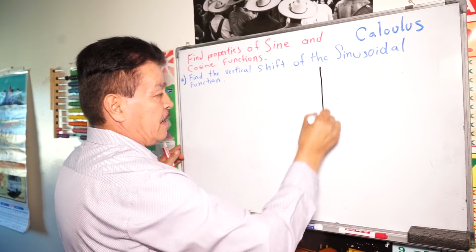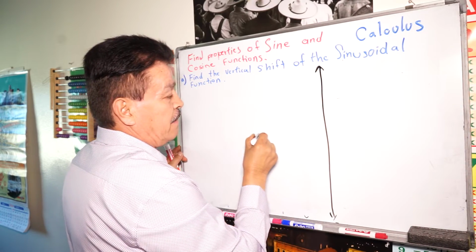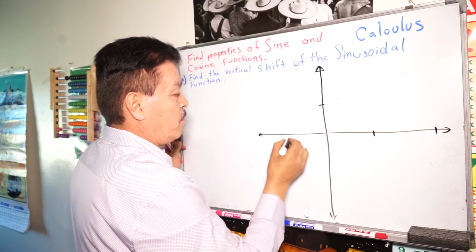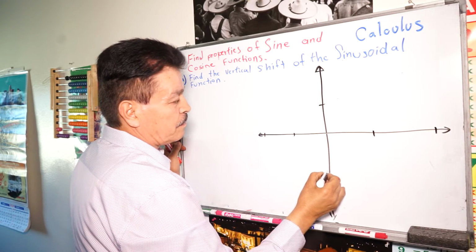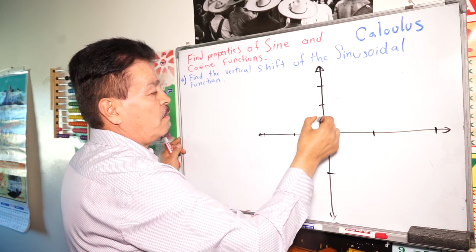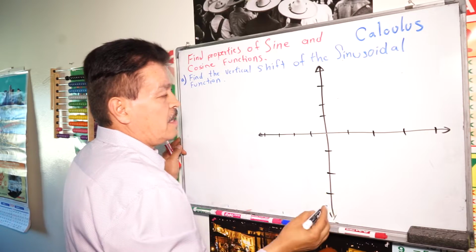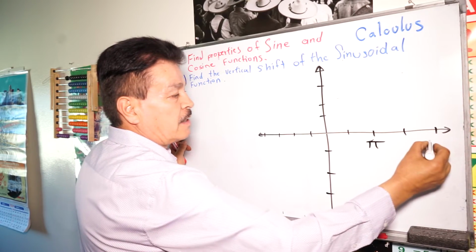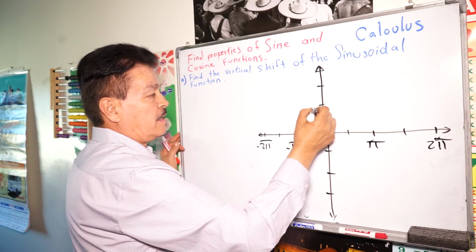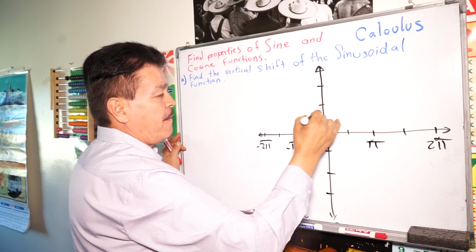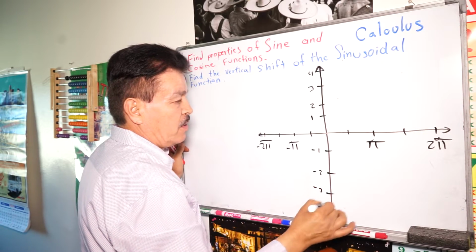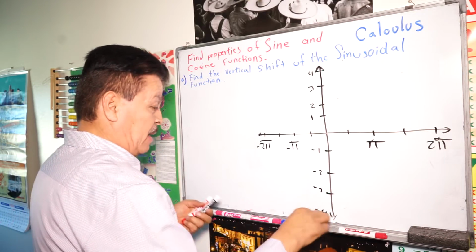The x-axis is divided by 4 with points: pi, 2 pi, negative pi, negative 2 pi, and on the y-axis 1, 2, 3, 4 and negative 1, negative 2, negative 3, negative 4.